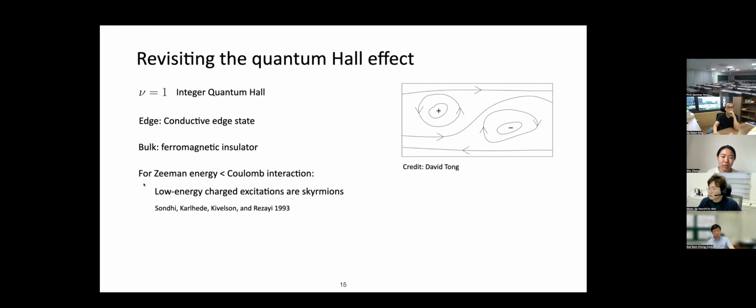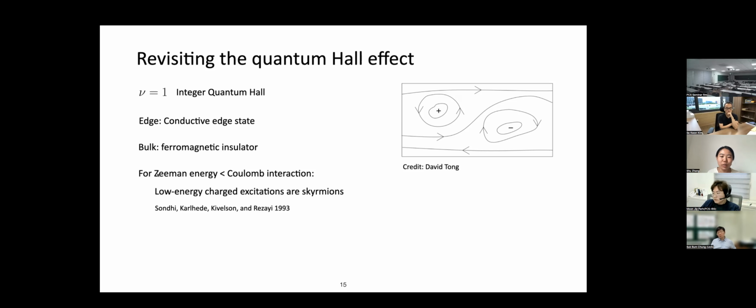And when the Zeeman energy is smaller than the long-range Coulomb interaction between electrons, the bulk is literally a ferromagnet. So if you have a very strong magnetic field, all electrons are polarized. So the excitation is flipping one spin, and that is a quasi-particle excitation.